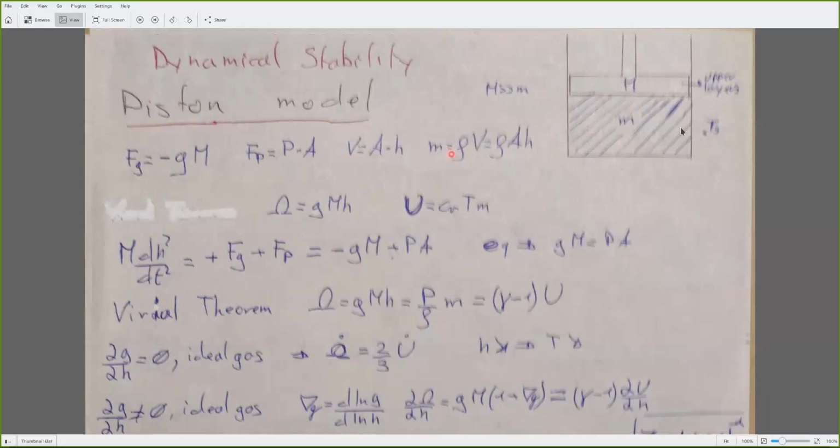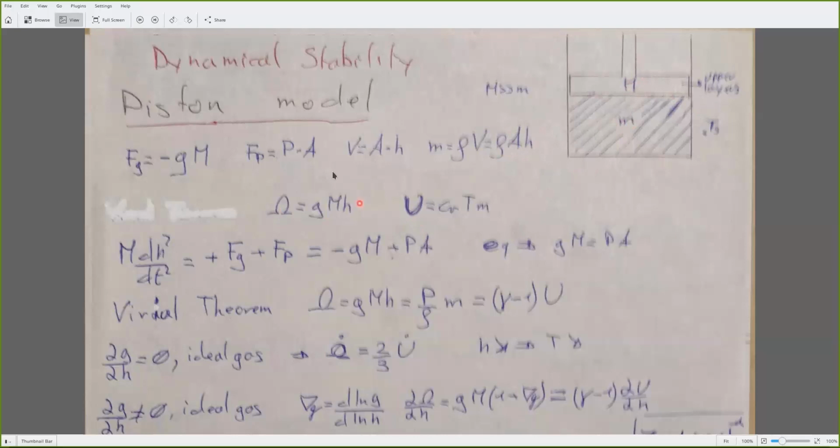The mass of the gas can be connected with its density multiplied by the volume, or the density multiplied by the surface of the piston multiplied by the height, the distance of the piston from the floor.